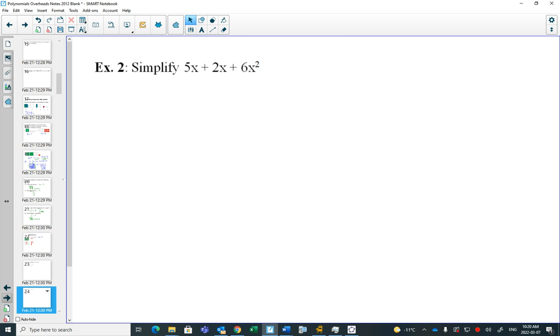Yes. So I could underline the 5x and the 2x in the same color. Some people like to use highlighters. Highlighters work really well for highlighting the like terms. Can you see that I shouldn't underline the 6x squared, because like terms have to have the same variable and the same exponents?